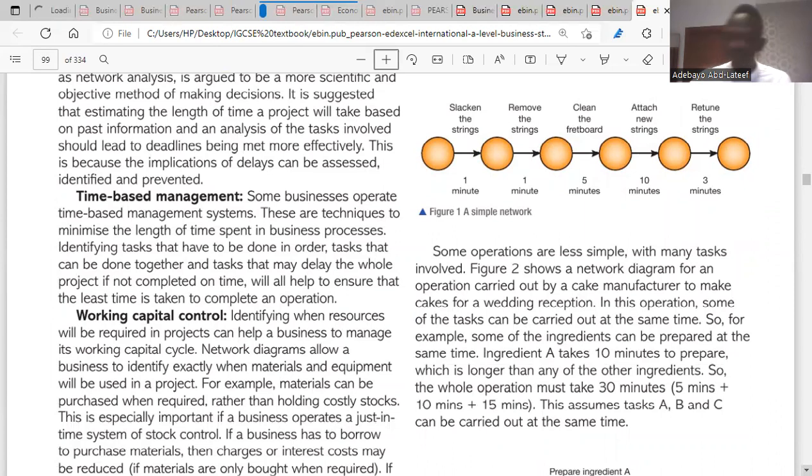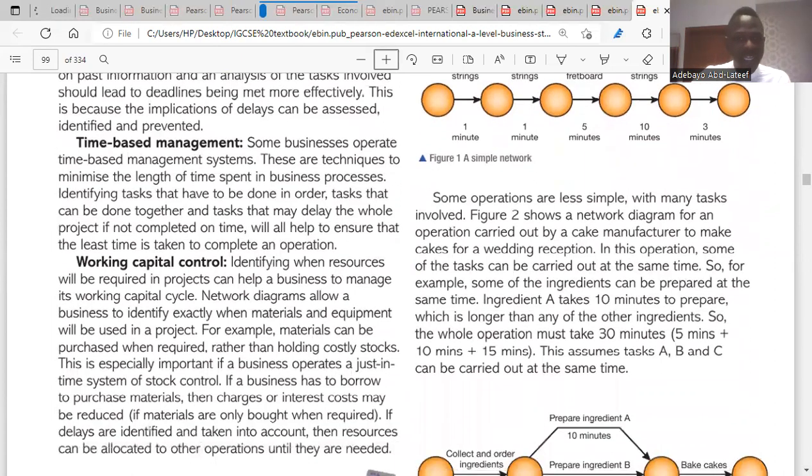Yeah. Okay. Then we have the time-based management. It said some businesses operate time-based management systems. These are techniques to minimize the length of time spent in business processes. Identifying tasks that have to be done in order, tasks that can be done together, and tasks that may delay the whole project if not completed on time will all help to ensure that the least time is taken to complete an operation.